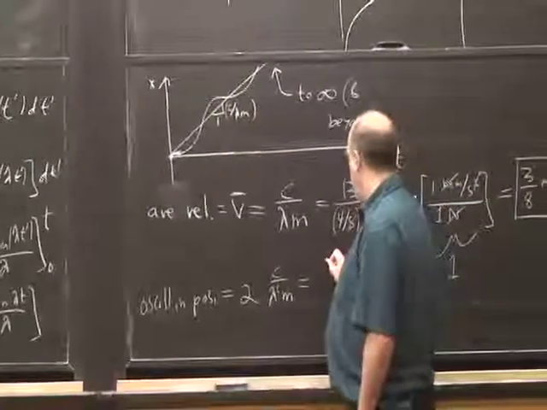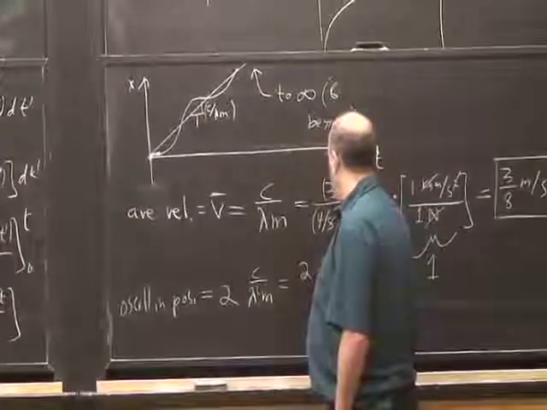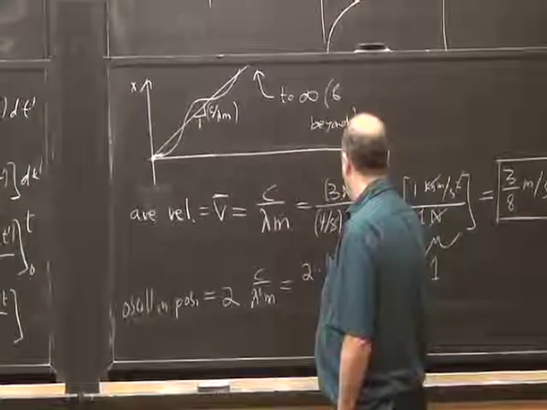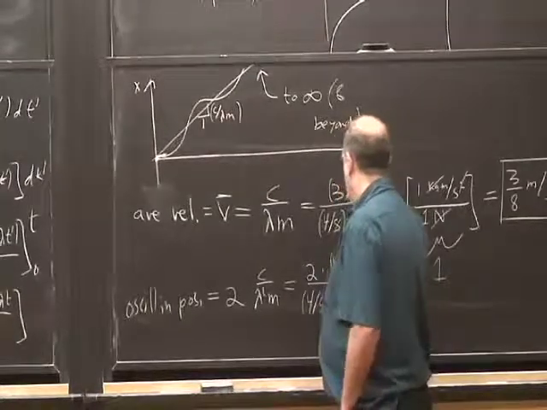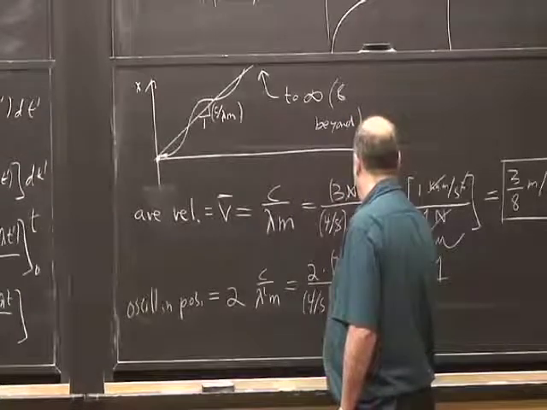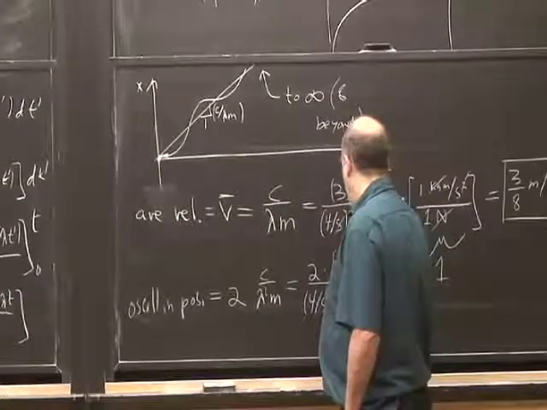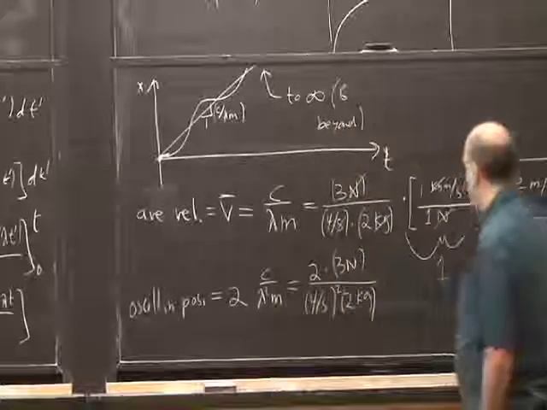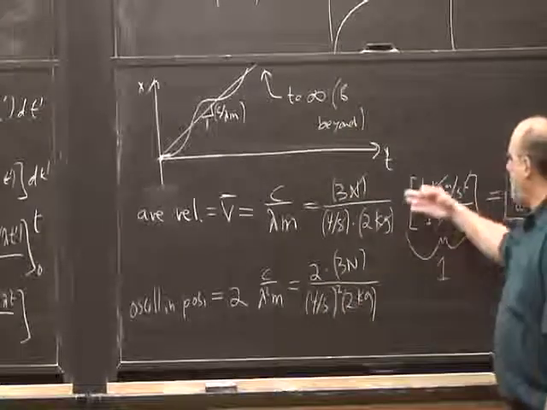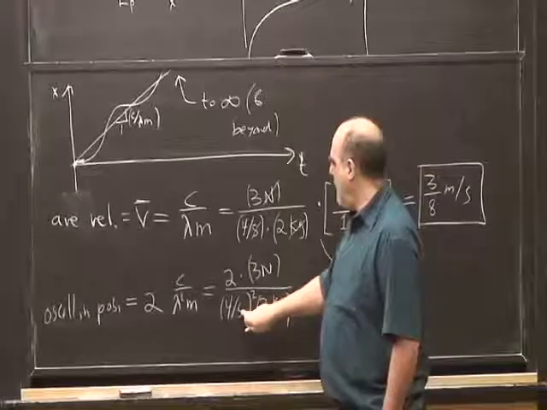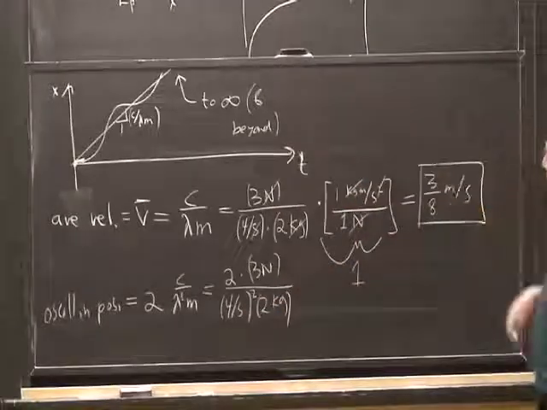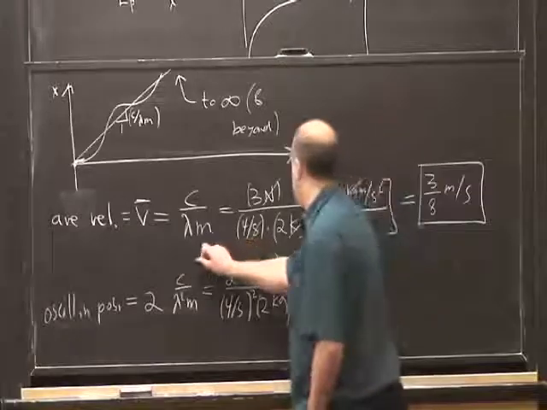That gives 2 times 3 newtons, divided by lambda squared, which is 4 per second squared, multiplied by m, which is 2 kilograms. What happens with these units is exactly the same as before, but we have an extra second on the top. Here we had meters per second, so this turns into meters.